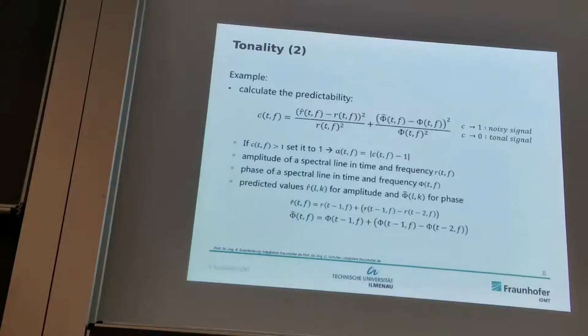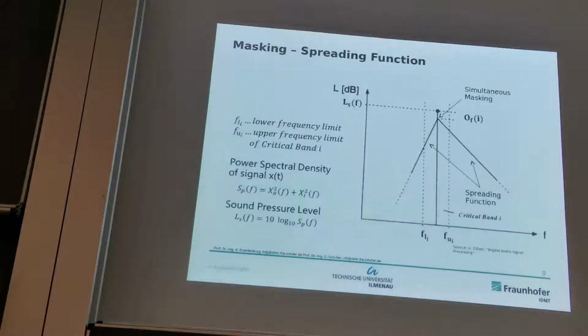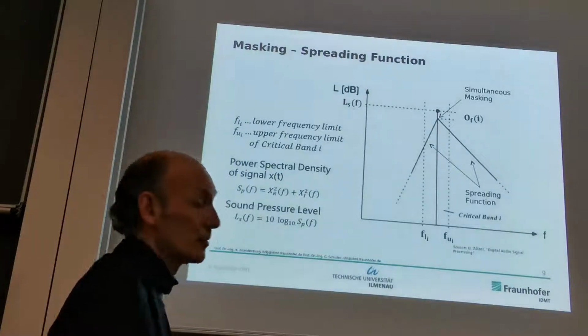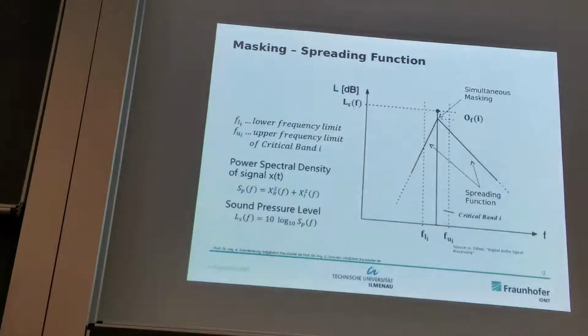So this is how you can imagine it. When you have a noisy signal, there's nothing to predict, and this is how you can recognize a noisy signal, as opposed to a tonal signal, which you can predict. Yeah, another important property here was the spreading function, which tells you how the sensitivity of the neighboring subbands changes when you have a tone at a certain frequency.